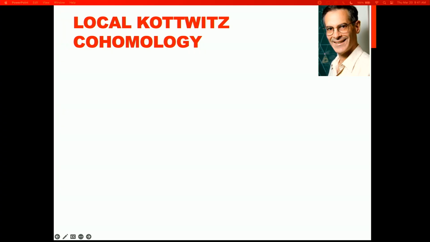So Kottwitz suggested replacing the cohomology of the finite group, the Galois group of E over F, by the cohomology of the Weil group.